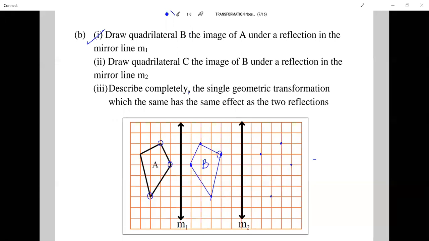All right, so this would be C. Now all we have to do for C is to connect the vertices using a ruler. Be careful to be as accurate as you can.